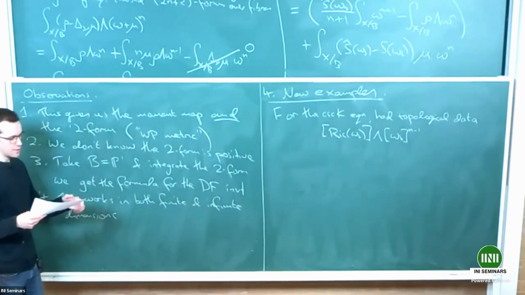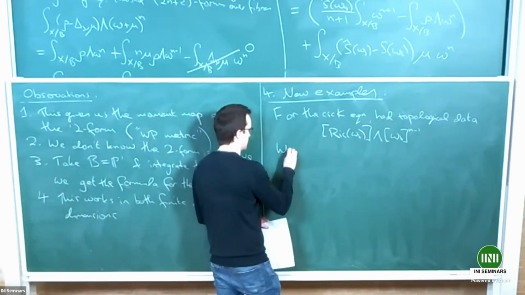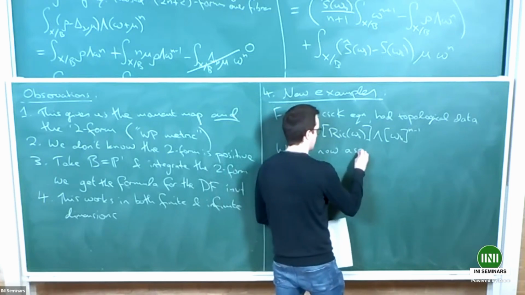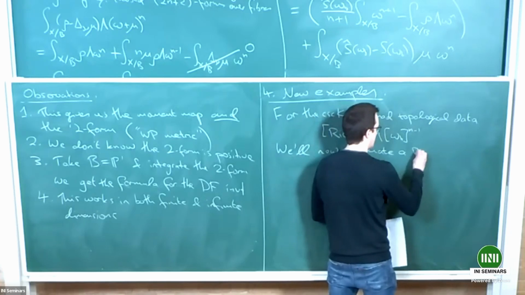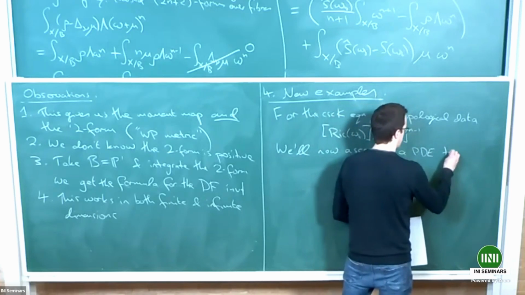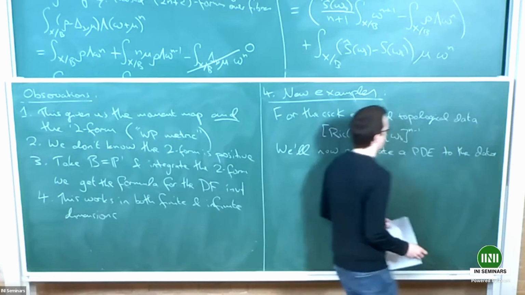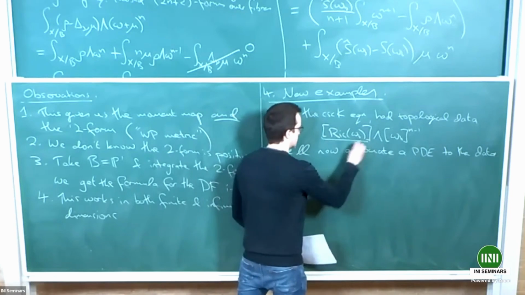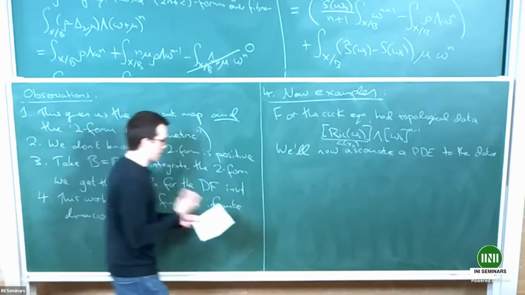What I want to do in this section is now associate a PDE to the data, where instead of just, well, this is really c1 of a fiber, I now instead want to take a Chern character of a fiber.